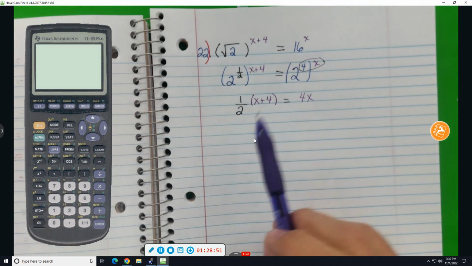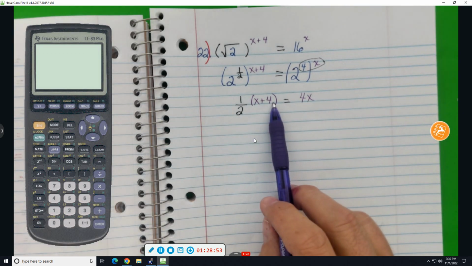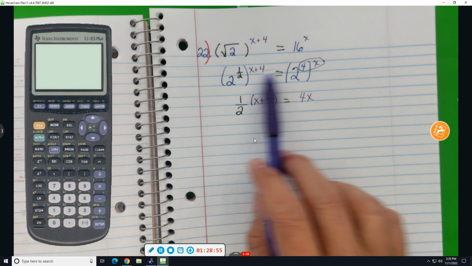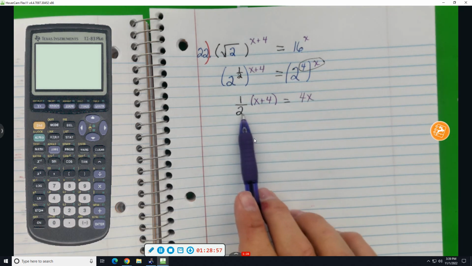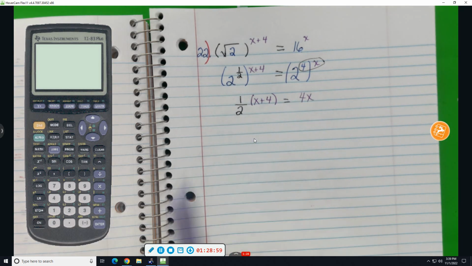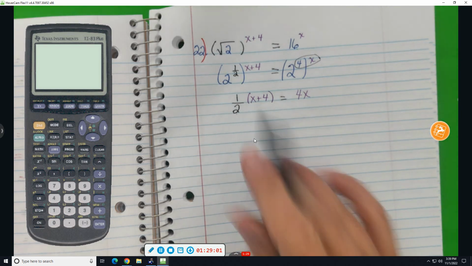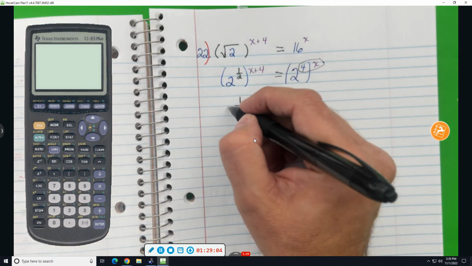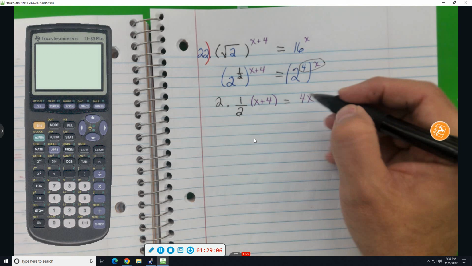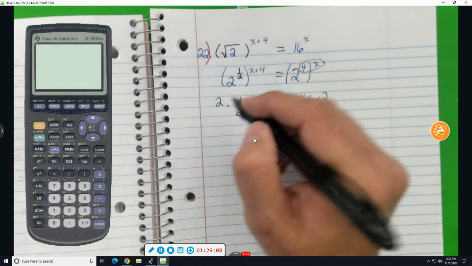If you want to distribute the 1/2, okay, but writing it like this, you can get this 1/2 to cancel real easily just by multiplying both sides by 2. We just multiply by 2.